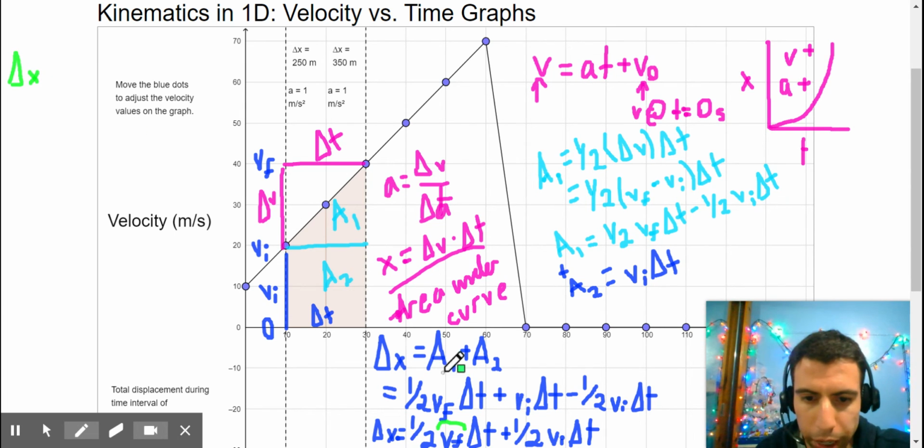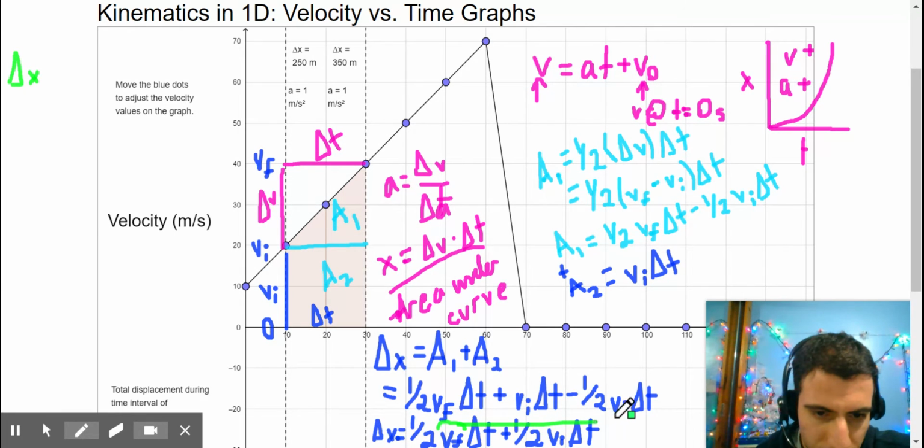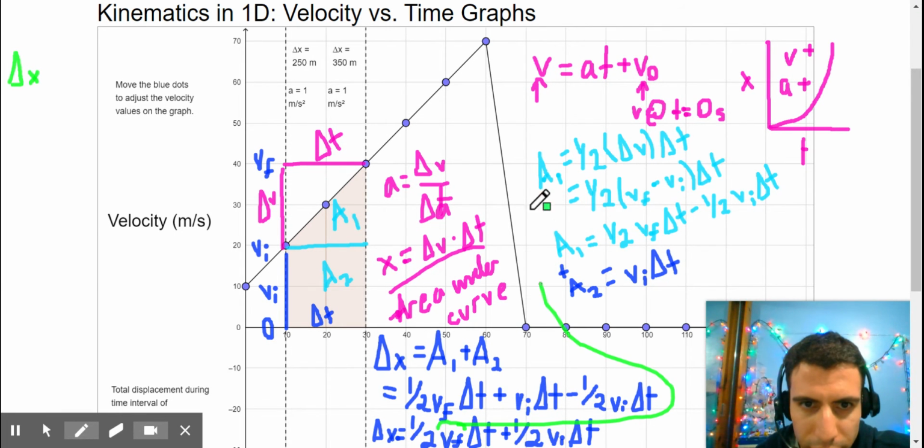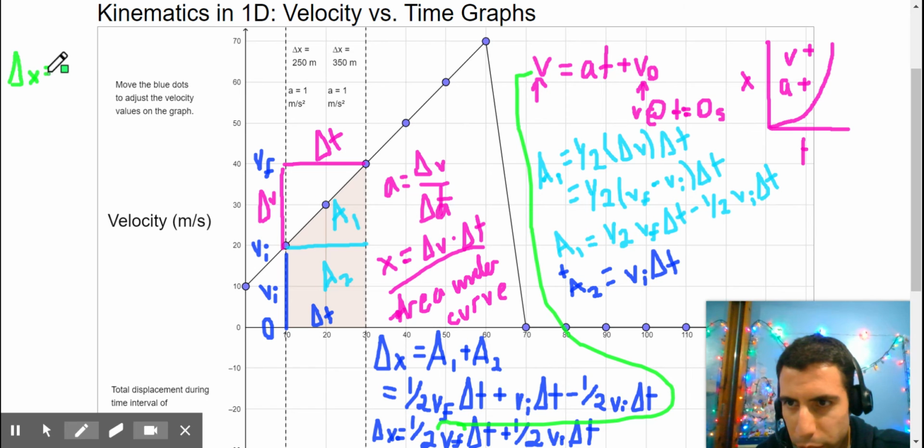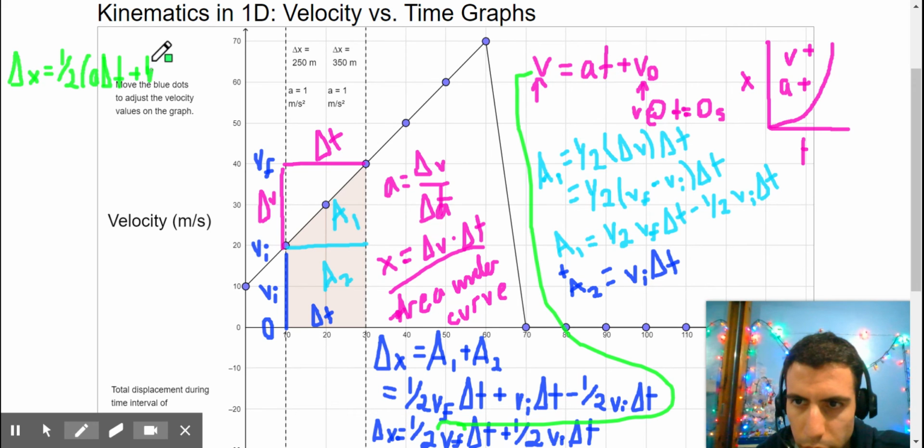right? And we're going to combine and we're going to get v final. We're just plugging this into here. And this is actually what's going to make it kind of long. We get 1/2, you probably can see where I'm going, we get a t, or a delta t in this case, plus v initial, right?